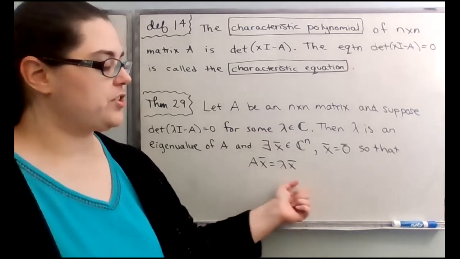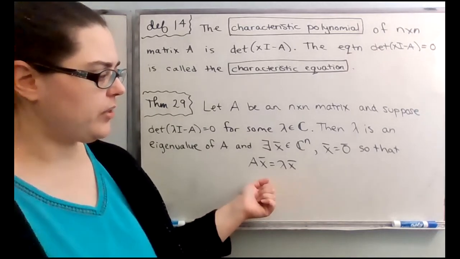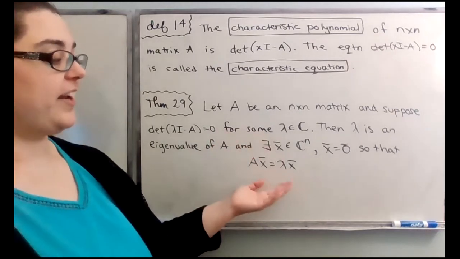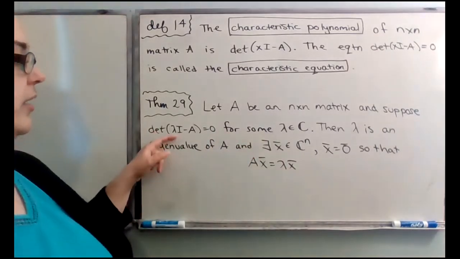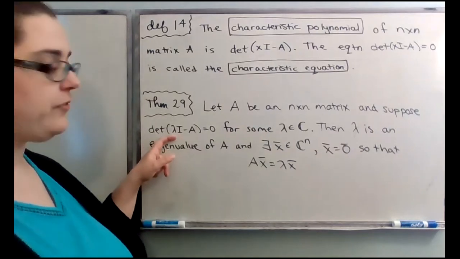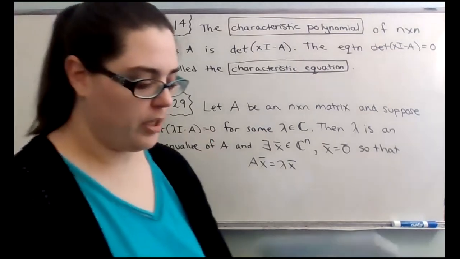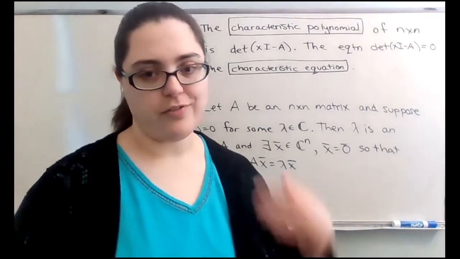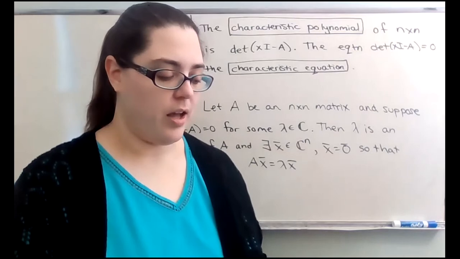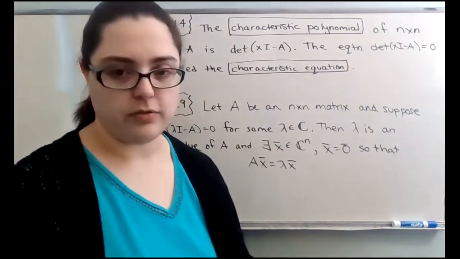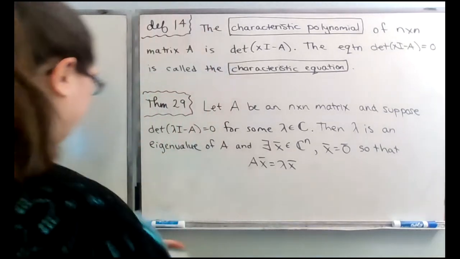And what this is doing is it's telling us we can find the eigenvalue by finding the characteristic polynomial and setting it equal to 0. So that's what we're going to do. We're going to do an example of finding some of the eigenvalues for a matrix.